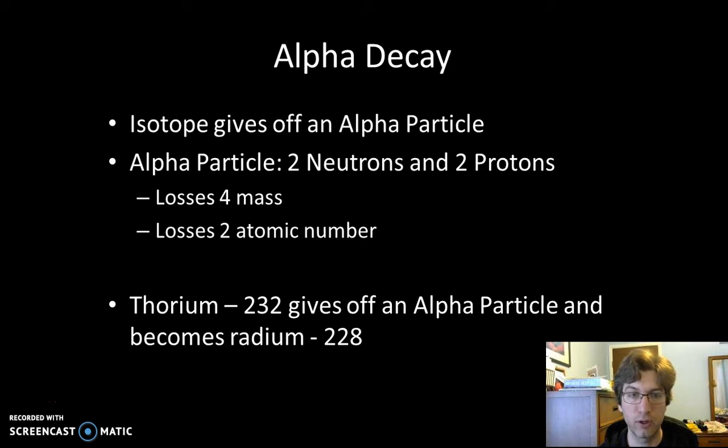In doing so, I lose a mass of 4, so 232 minus 4 gives me 228. And I'm going to lose 2 atomic numbers. If I look up thorium on my periodic table and go down 2 elements, it is radium. So thorium-232 goes through alpha decay, gives off an alpha particle, which is pretty much a helium nucleus, and it becomes radium-228.